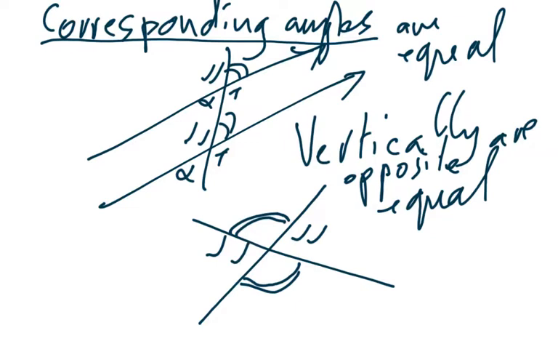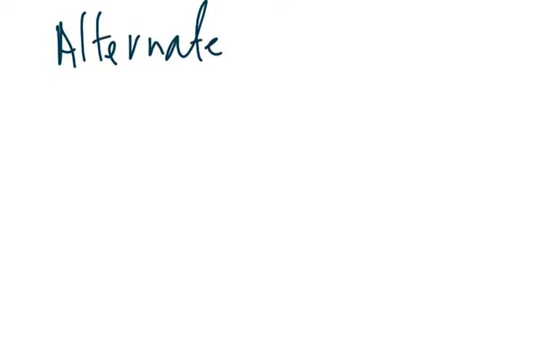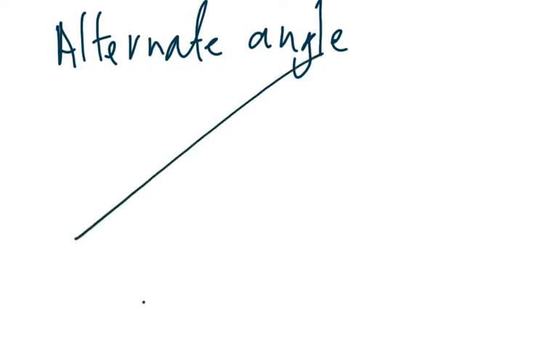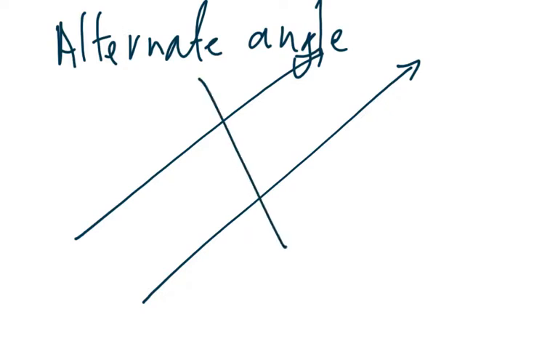Okay? Now, the next set, therefore, is what are called alternate angles. Alternate angles are also formed at a set of parallel lines cut by a transversal line.